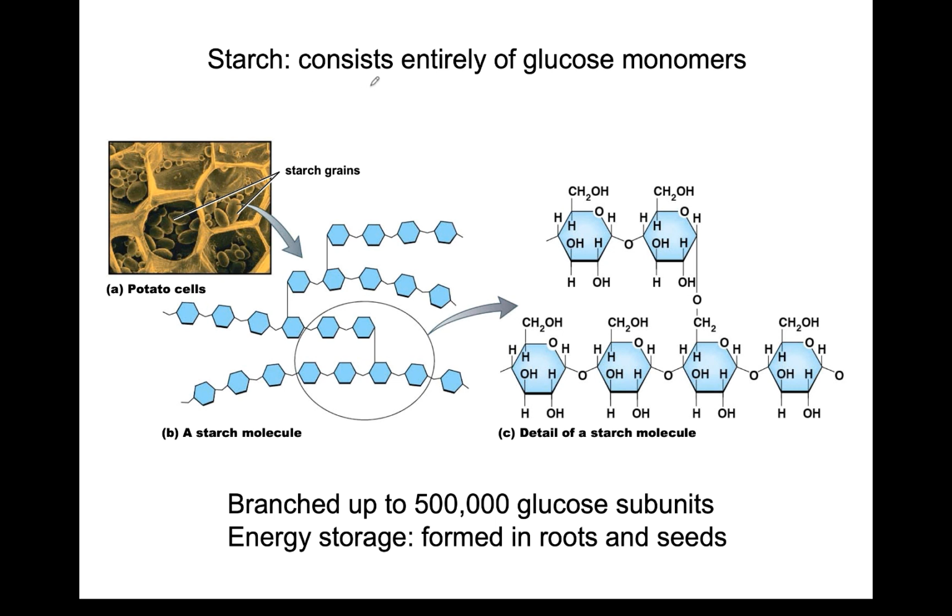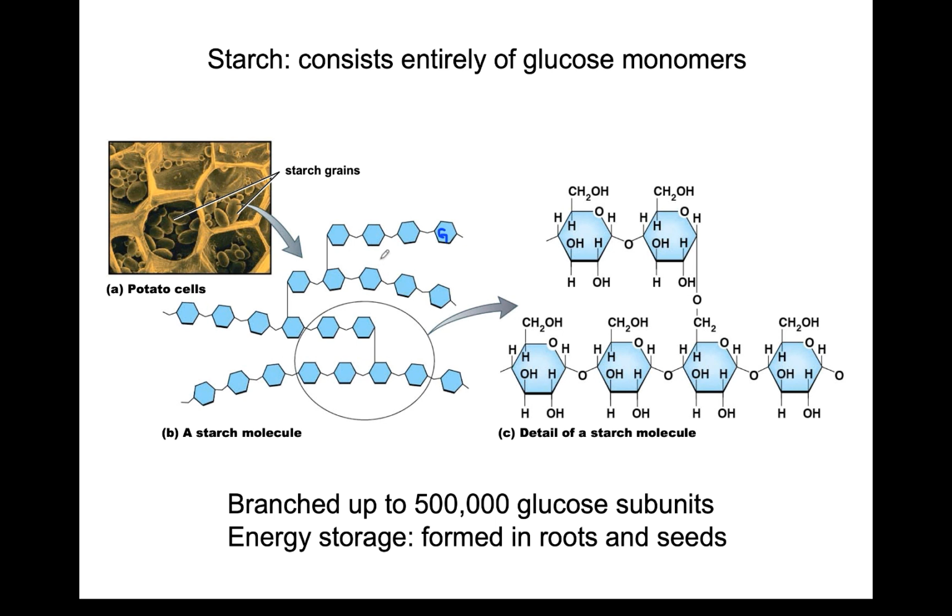Starch consists entirely of glucose monomers. So when many glucose molecules bind together, they form starch. This hexose sugar indicates one glucose. The glucose molecules bond and can branch up to 500,000 glucose subunits.